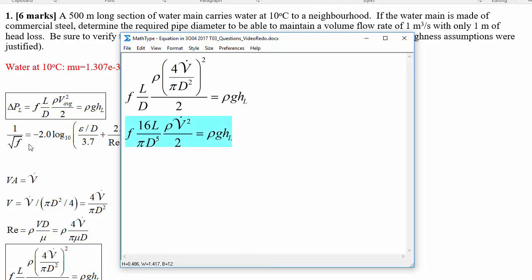Okay, this equation we can rearrange to solve for what the diameter would be. It looks like the diameter, according to this equation, is going to be the 5th root.